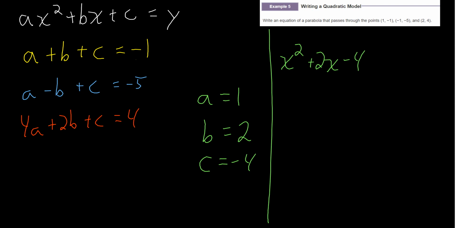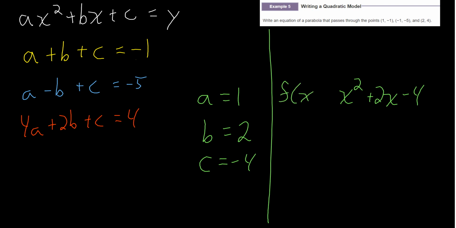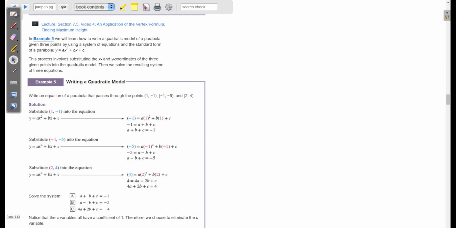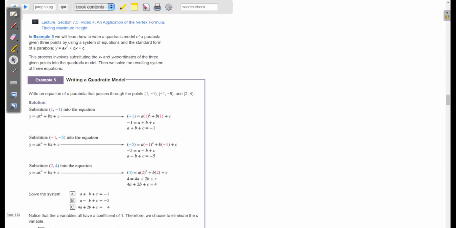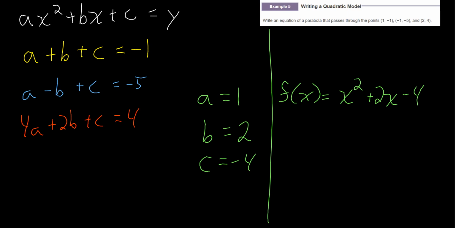Let's move that over to the right a little bit and fit in an f of x. Okay, so there we go. That is the equation of a parabola that passes through those 3 points that were given in my problem. I'm pretty sure that's it. It's really weird that they put that there in this section. Oh well. That concludes today's lecture.